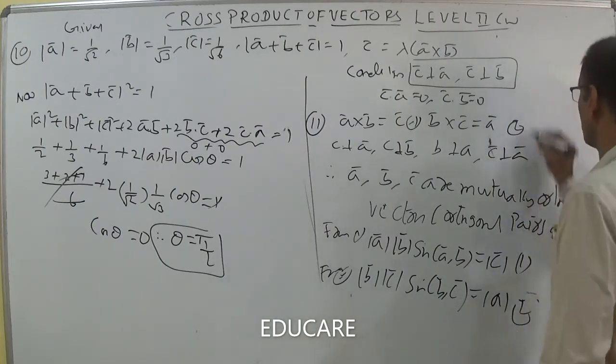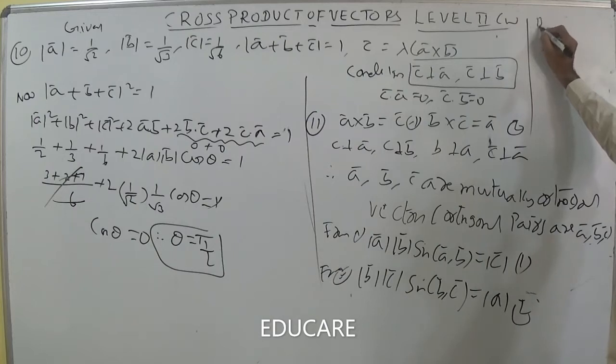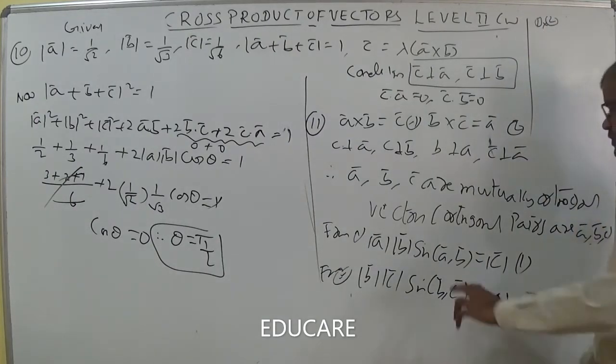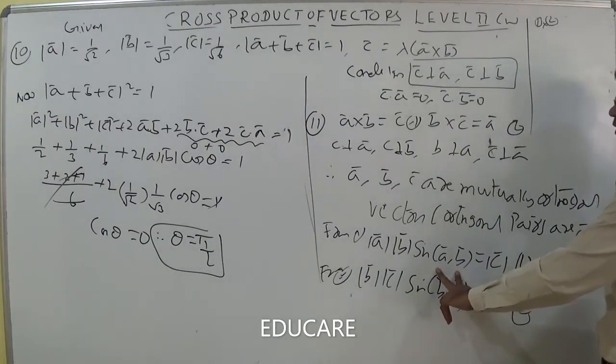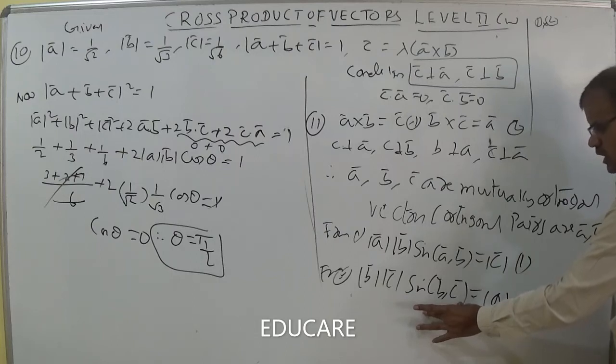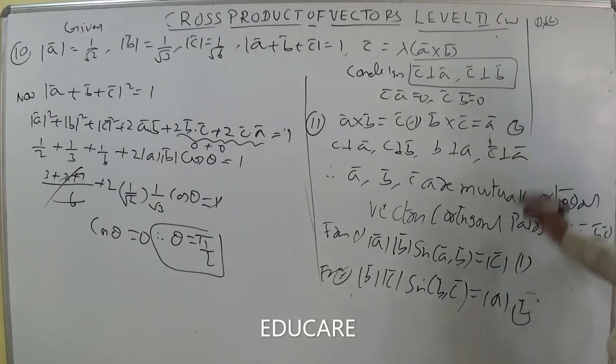This is 2. Now I am writing 1 into 2. We know that the angle between A bar and B bar is 90. Whenever it is 90, sin 90 becomes 1. The BC angle is also 90, so sin B comma C becomes 1.